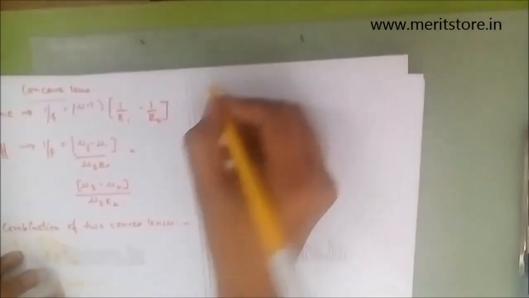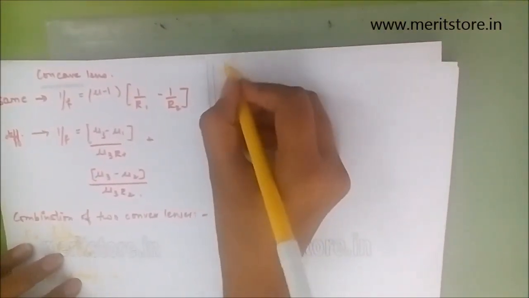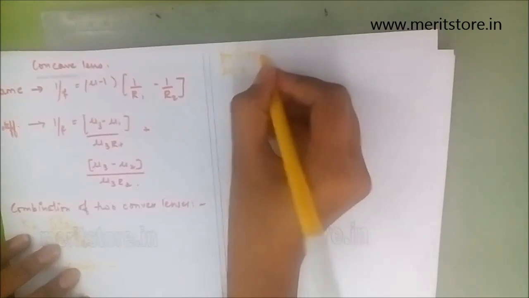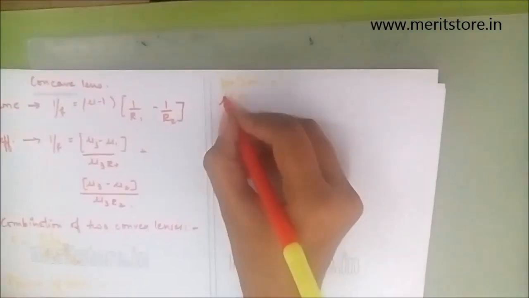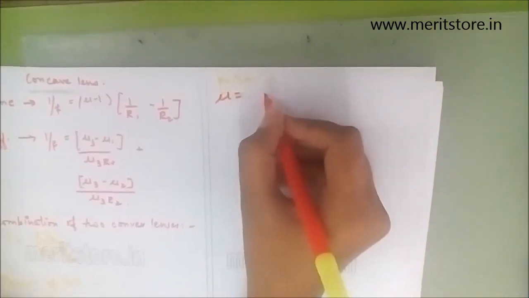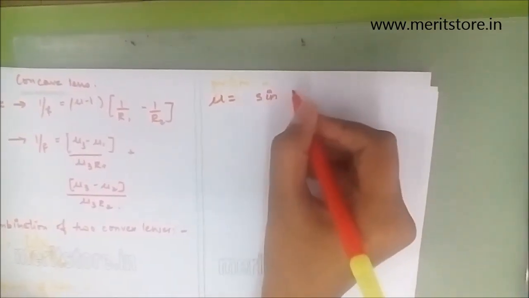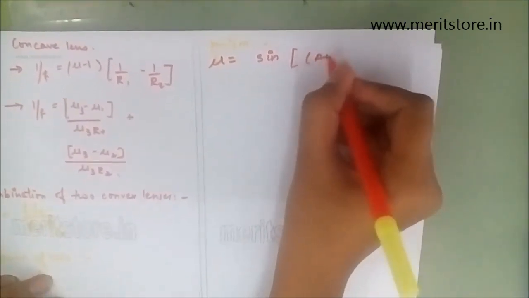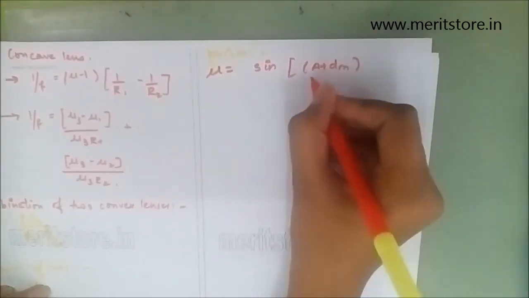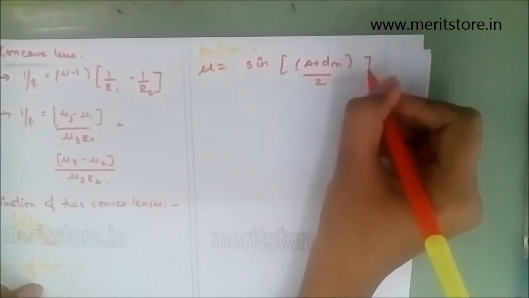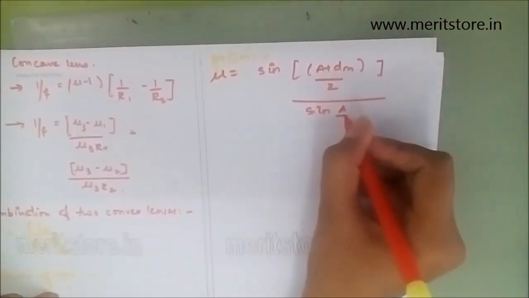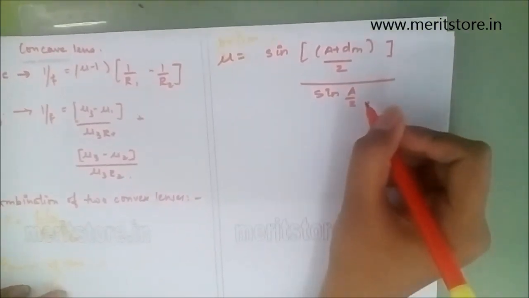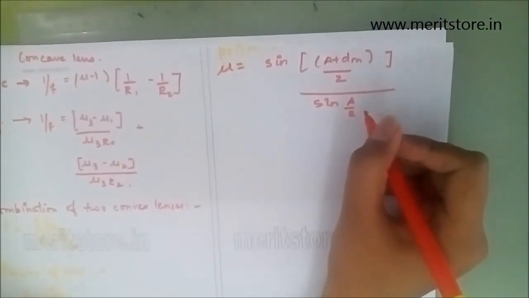The refraction through a prism is given as mu is equal to... Dm is the minimum angle of deviation.